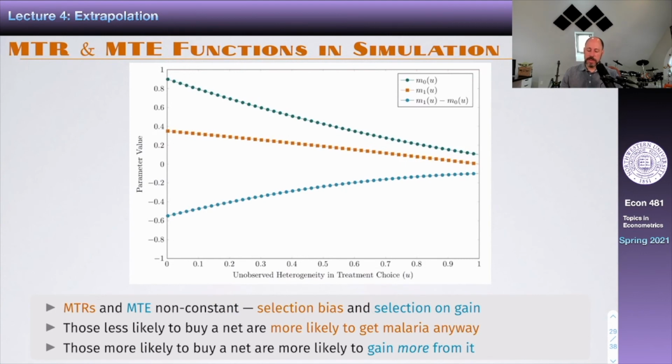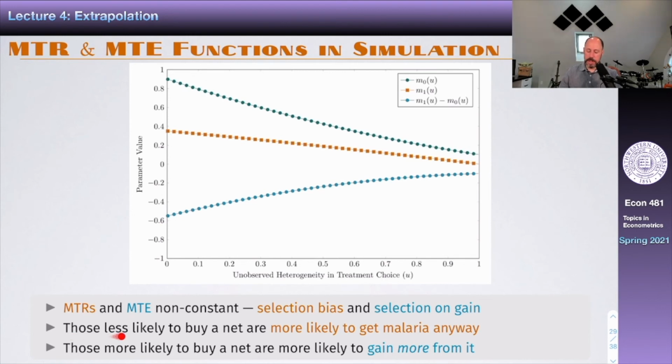So the first picture over here is in this setting. There's a plot of the marginal treatment responses and the marginal treatment effect. Here you have M0, here you have M1, and here you have M1 minus M0. All of these are non-constant, so it means that we have selection bias and selection on the gain, as we discussed before.